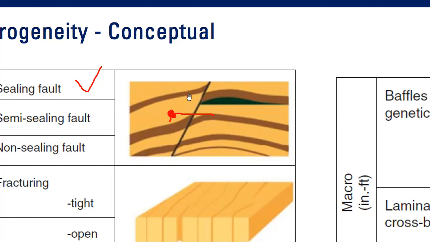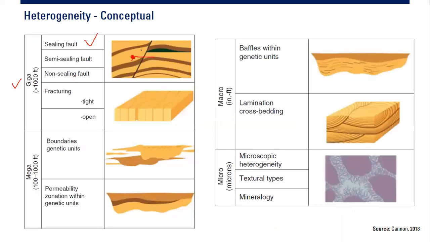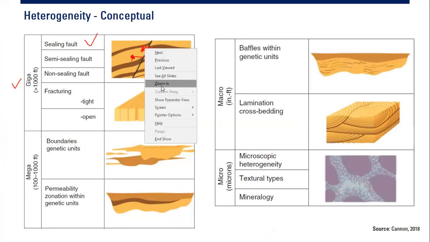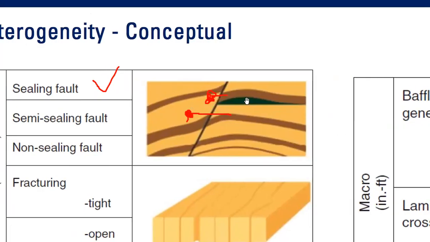So if you move from here to the right, you will see a reservoir that is very different from this zone. Because if you go to the east, you will see shale. So that is one example of heterogeneity.